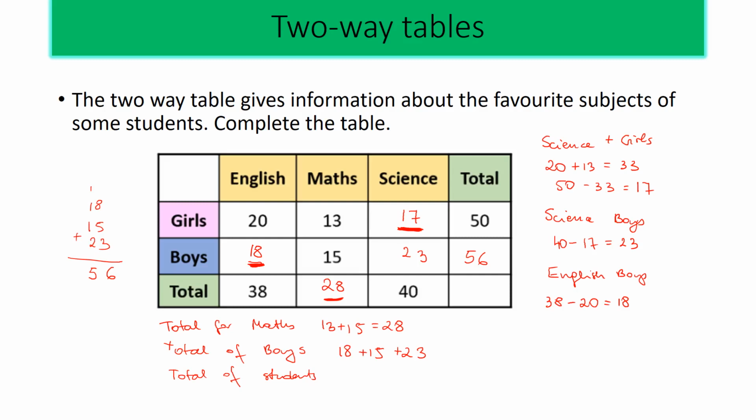Now it's much easier to work out 50 plus 56, that's 106. So this is the calculation that I choose to do. I could check whether my answer is correct. If I add 38 plus 28 plus 40, I also get 106.